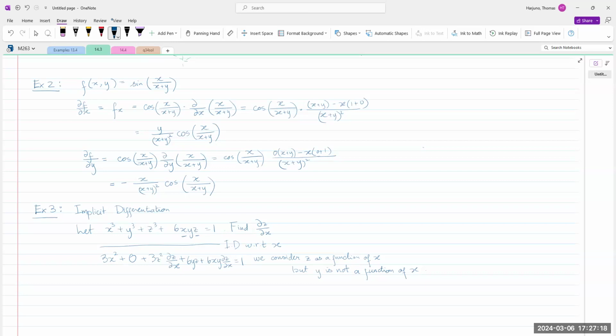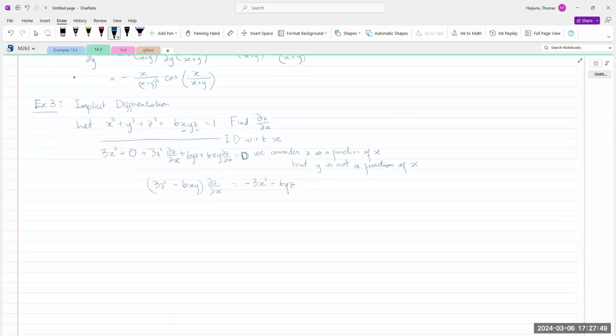Okay, well, anyway, from here you see I will isolate ∂z/∂x, so 3z squared plus 6xy ∂z/∂x equals, I'm sorry, the derivative of 1 with respect to x should be 0, equals negative 3x squared minus 6yz. So ∂z/∂x will be negative 3x squared minus 6yz over 3z squared plus 6xy.